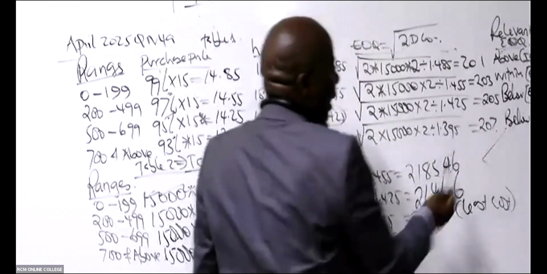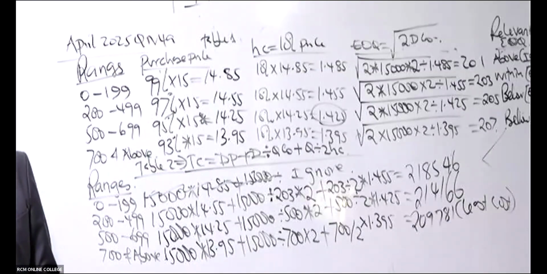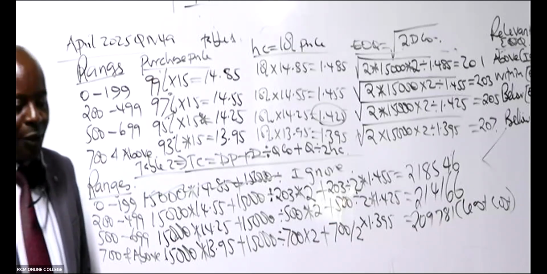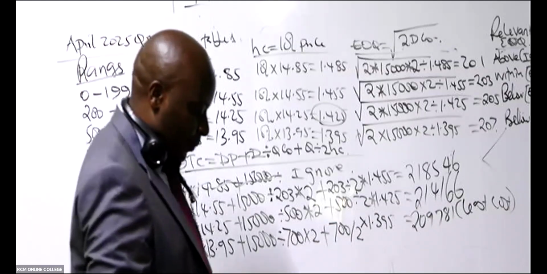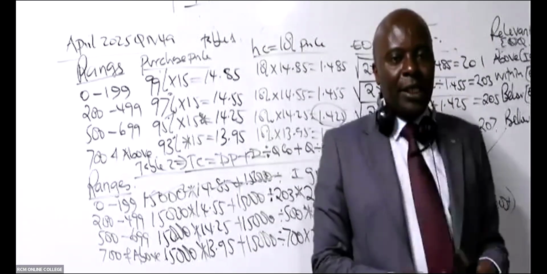The fourth quantity here, the fourth EOQ, 700, yes. The company should procure 700 units at a time. So is that okay? The company should procure 700 units at a time.